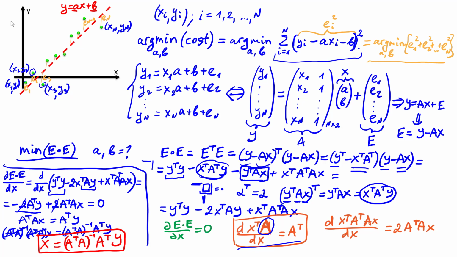But this is not only that. You can expand it to many other things. We will see that in a second. For example, you want to fit some other polynomial, not a straight line, maybe a quadratic polynomial. So you have a bunch of points, and those points are distributed like that.